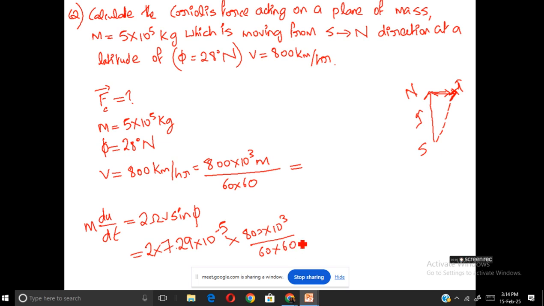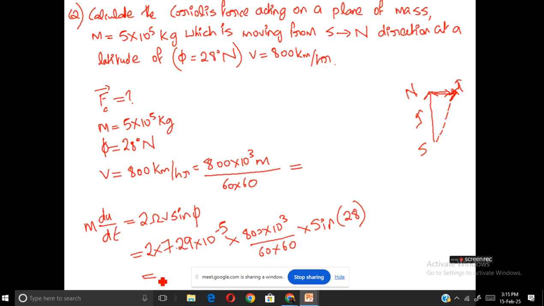This is done to convert kilometer per hour into meter per second, into sine phi. Phi is the latitude, which is also given in the question as 28. Now, can you calculate and tell me what will be the Coriolis force that will be acting on the body?